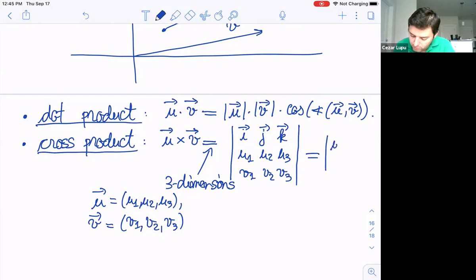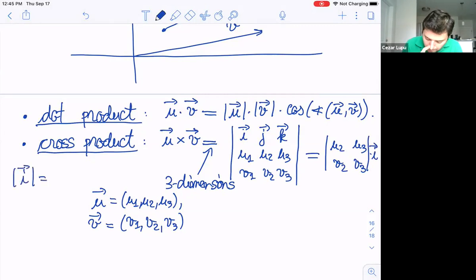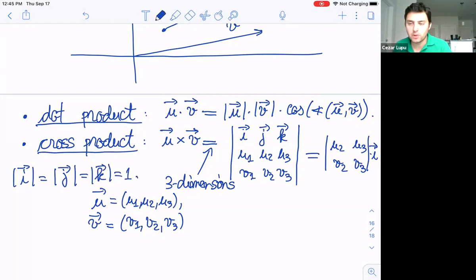We'll have the determinant of u2, u3, v2, v3 times i. Keep in mind that these i, j, k are the 3-dimensional unit vectors, you'll remember them. And in the case of 2 dimensions, you have i and j.